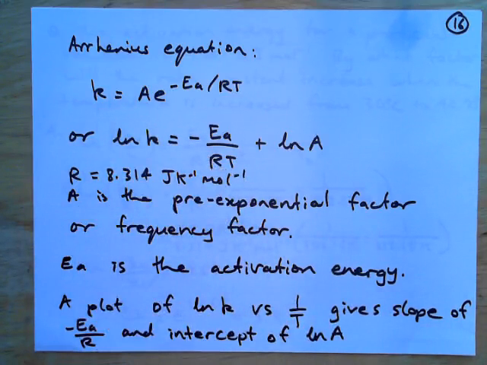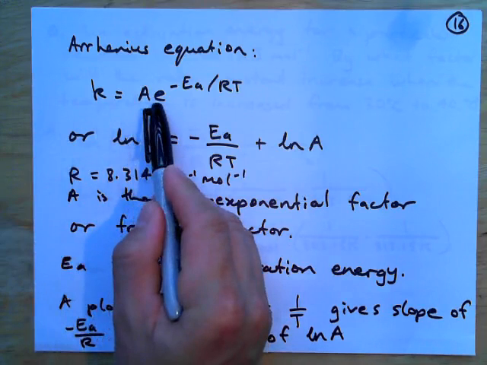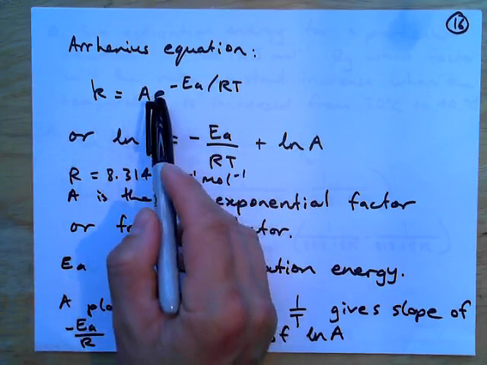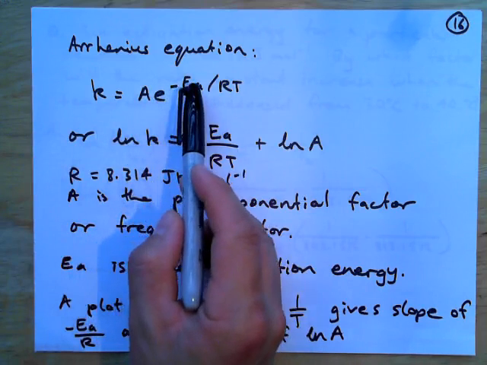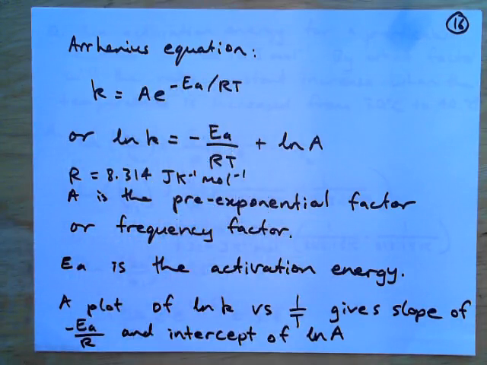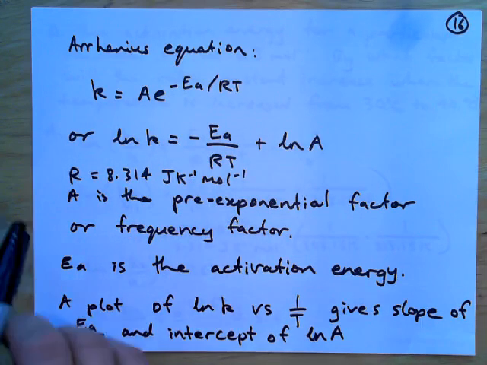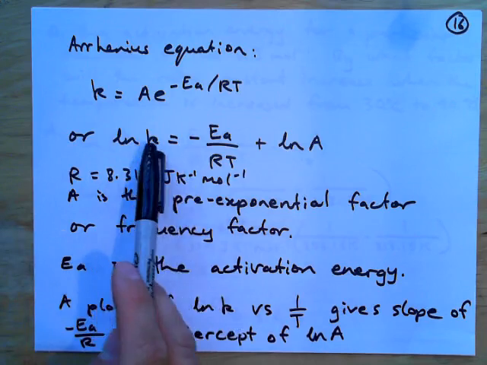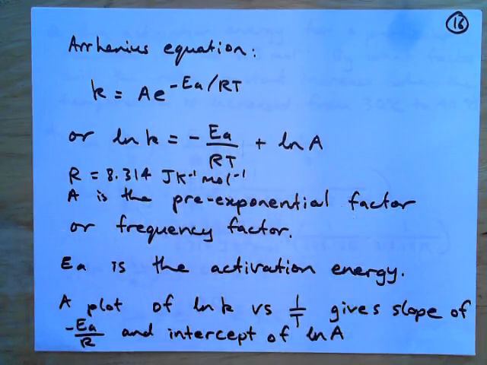Most commonly it's referred to as a pre-exponential factor, but it does have a couple of other names. So A times e, the exponential function, to the power of minus Ea on RT, where Ea is the activation energy. If you take the natural logs of these, you get natural log of k equals minus Ea on RT plus natural log of A.